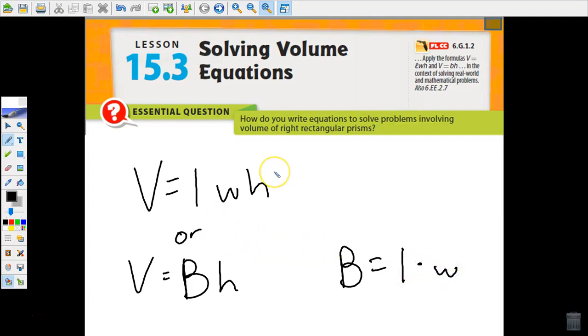So the way I see it, if they just give you a big B, you just multiply it times the height. Other than that, when they give you all three, just work it out like this. All you're doing is length times width times height. You multiply the first two and then multiply by height, or you multiply two of them and then you just multiply by the third one.